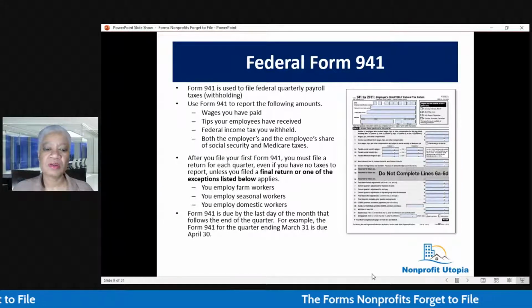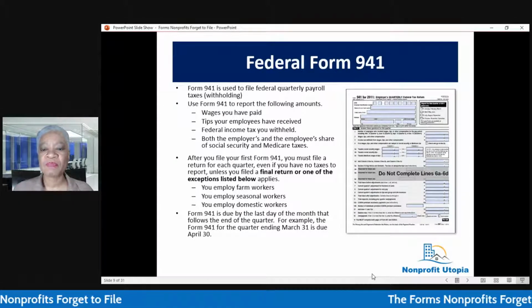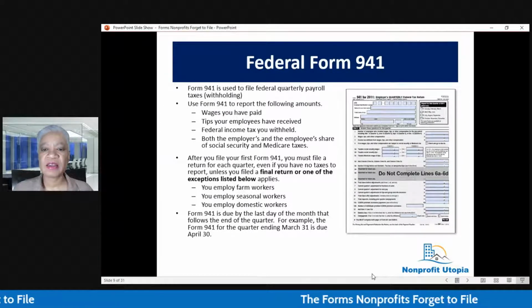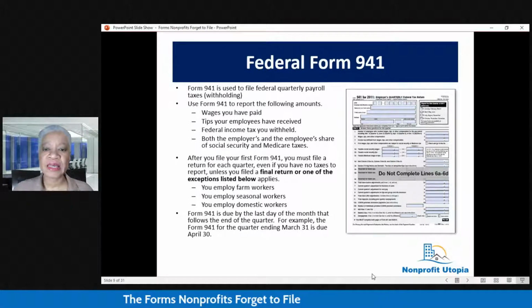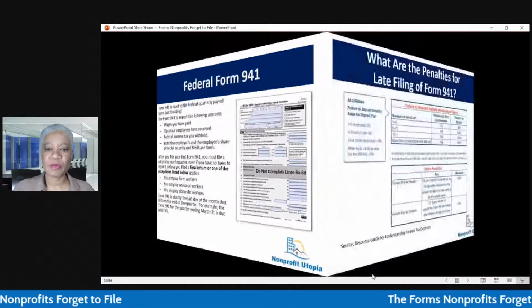So you have to file Form 941 by the last day of the month that follows the end of the quarter. For example, the first quarter ends March 31st. You have until April 30th in order to file Form 941.